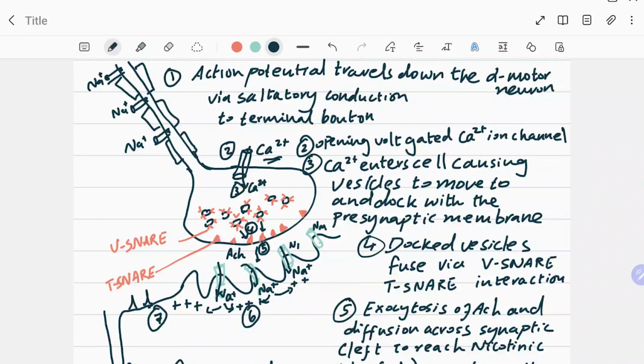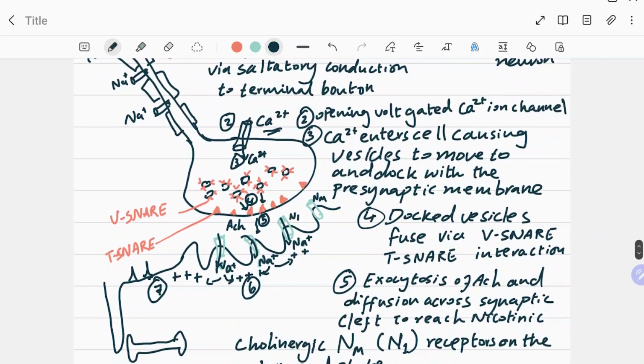Step 2, calcium enters into the cell. Why? Because sodium enters into the terminal bouton, depolarizing the membrane of the terminal bouton, causing the opening of voltage-gated calcium channels, which are present over there. Then in step 3, the calcium entry will cause a cohort of vesicles, up to 60 to 120, to move towards and dock with the presynaptic membrane.